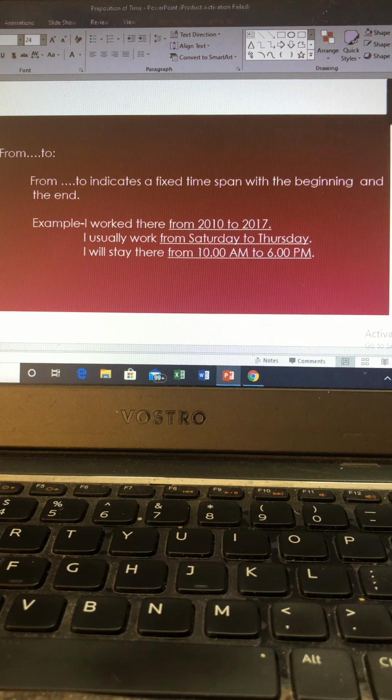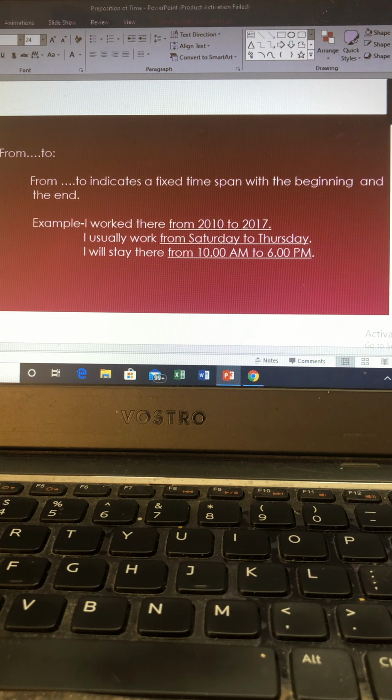"From...to" indicates a fixed time span with the beginning and the end. Whenever we are talking about a fixed time span, like "I worked there from 2010 to 2017." See, the sentence itself says that it indicates a fixed time span. Span again means period.